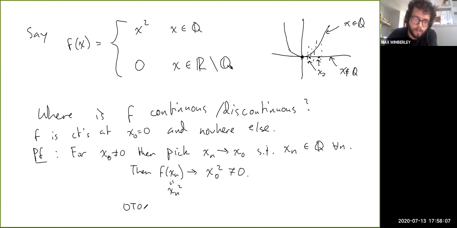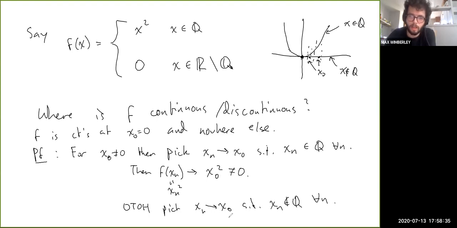On the other hand, pick x_n converging to x naught such that x_n is not in Q for all n. When I say this, I mean every single x_n is an irrational number.